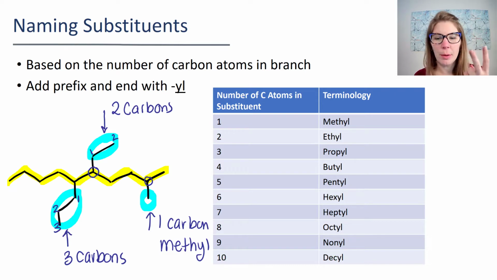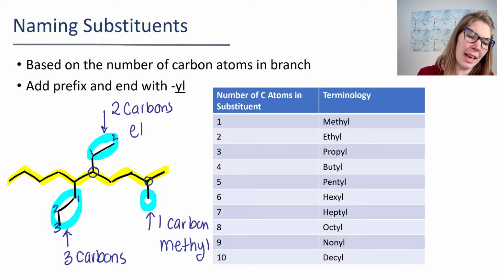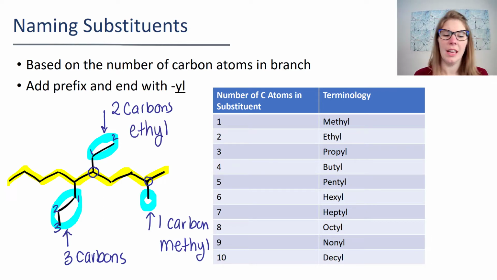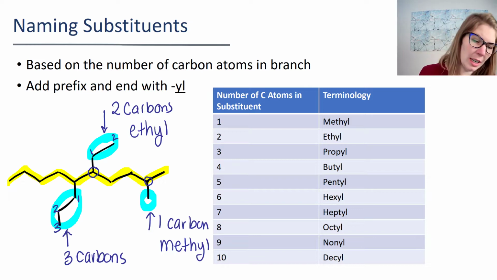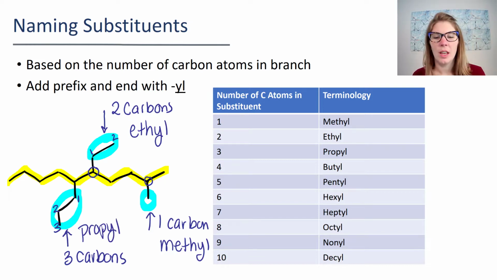If I have a 2 carbon branch, this is called ethyl. If I have a 3 carbon branch, it's called propyl. Notice how these prefixes, meth, eth, prop, but, pent, hex, hept, oct, non, dec, all of those were the same prefixes that we saw in our earlier table.